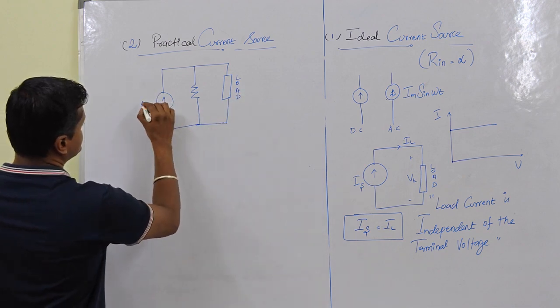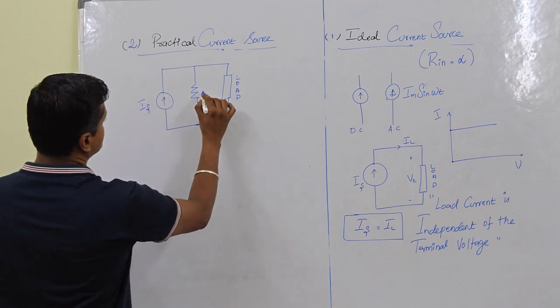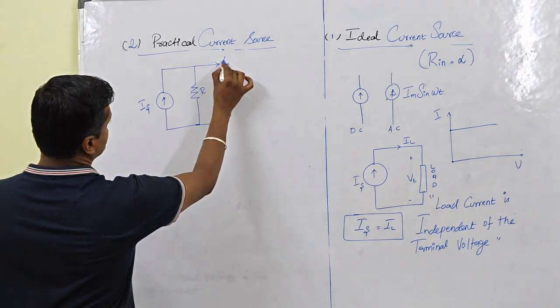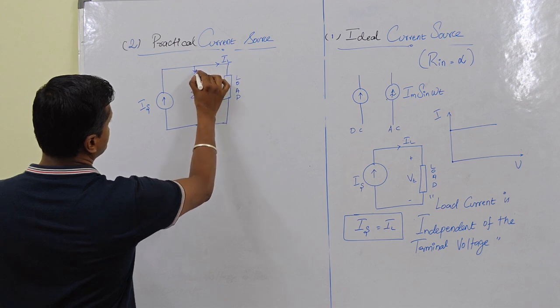Is is the source current and R is the internal resistance. The current through the load we take as IL.